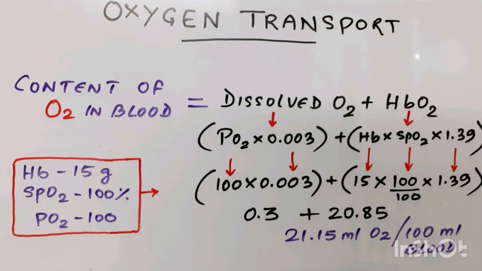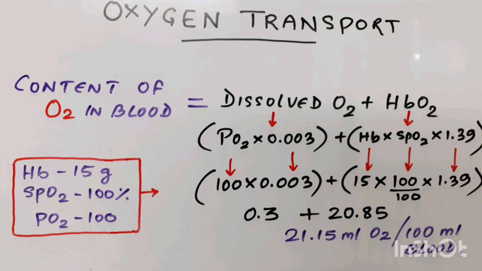So in our example, 100 millimeter mercury of partial pressure of oxygen multiplied by 0.003 gives us the volume of oxygen in dissolved form, that is 0.3 milliliter per 100 milliliter of blood.